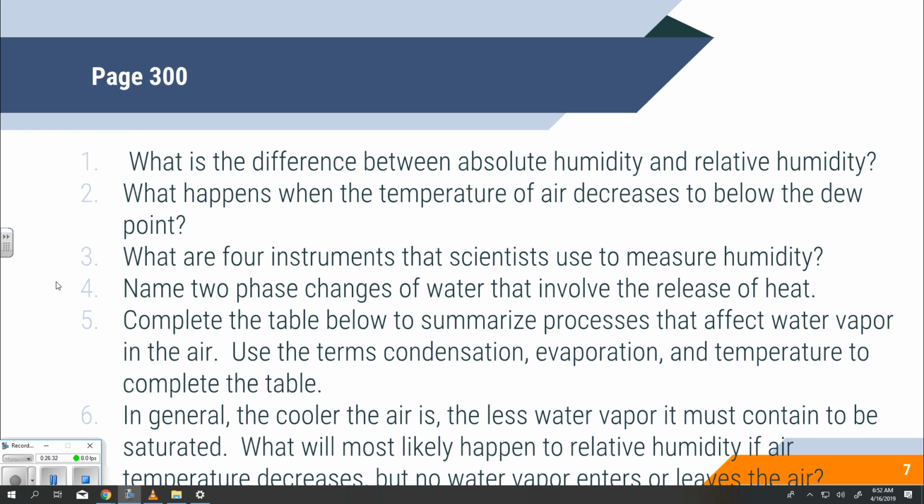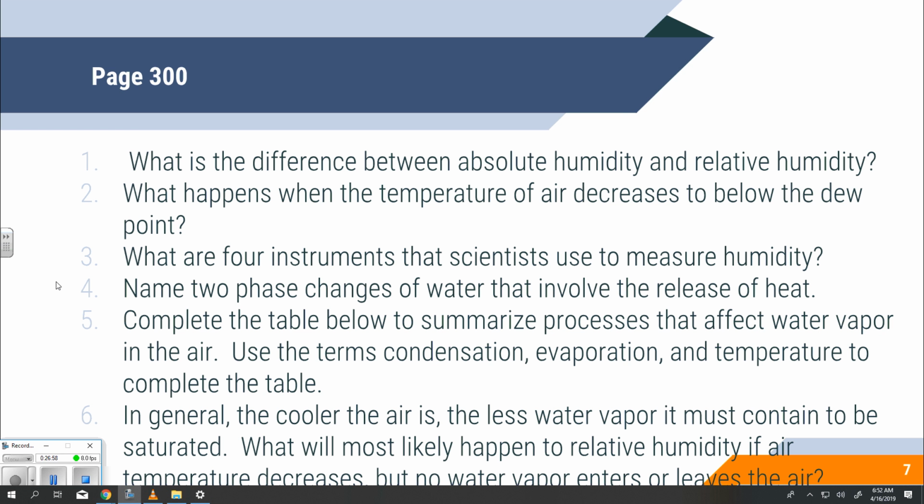Page 300. What is the difference between absolute humidity and relative humidity? What happens when the temperature of air decreases below the dew point? What are 4 instruments that scientists use to measure humidity? Name 2 phase changes of water that involve the release of heat.